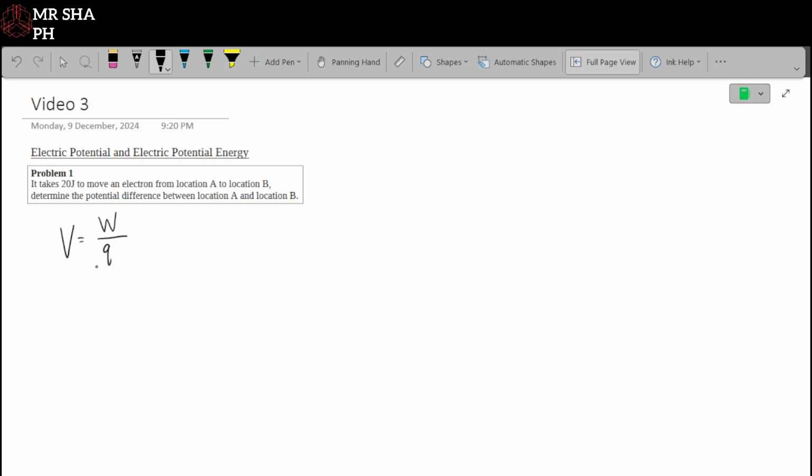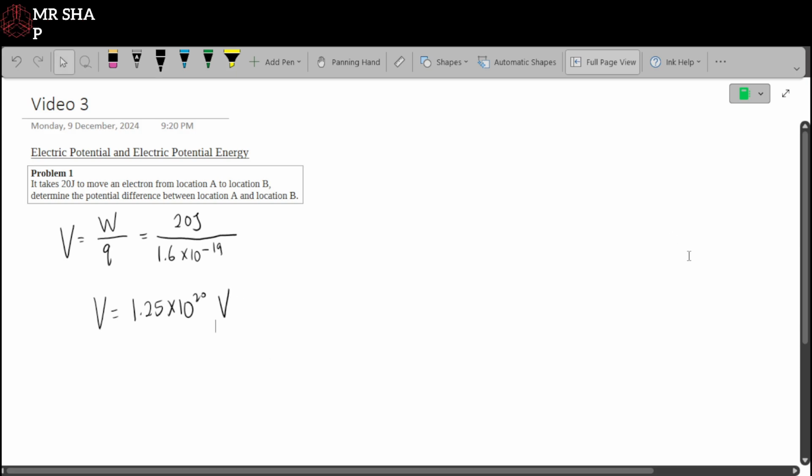So whatever charge that you're moving, which is going to be just Q, in this particular case, we actually have the charge of the electron, which is 1.6 times 10 power of negative 19. On the other hand, we have the amount of energy, which is going to be 20 joules. So once we have that, what we will find is that the potential difference between those two locations is going to be 1.25 times 10 power of 20 volts.